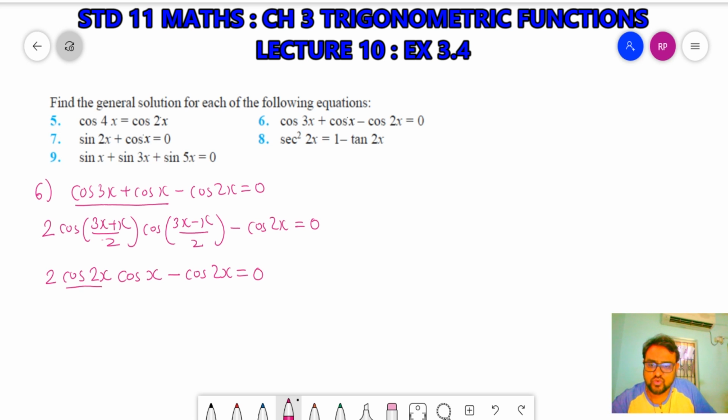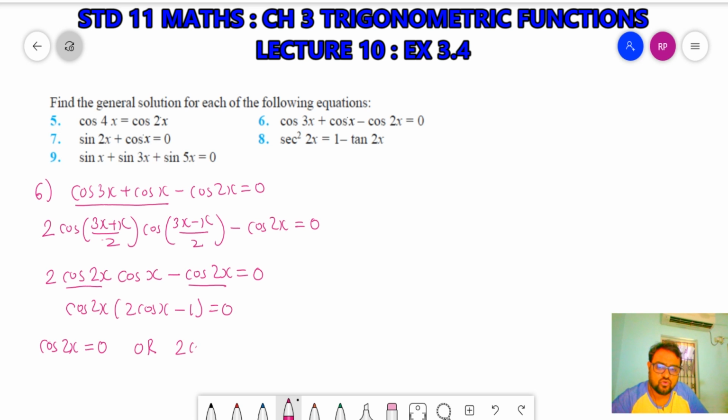So I can take cos 2x common here. So cos 2x is common and 2 cos x minus 1 is equal to 0. So what does this mean? Cos 2x is equal to 0 or 2 cos x minus 1 equal to 0. 2 cos x minus 1 equal to 0, that means 2 cos x equal to 1, that means cos x is equal to 1 by 2.